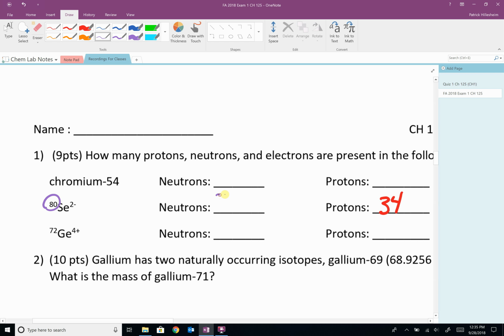So our answer for our neutrons would be 80 minus 34, so we end up having 46. These numbers that I'm circling in purple are telling us the total number of protons plus neutrons.